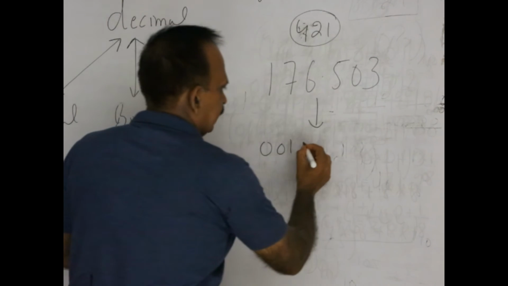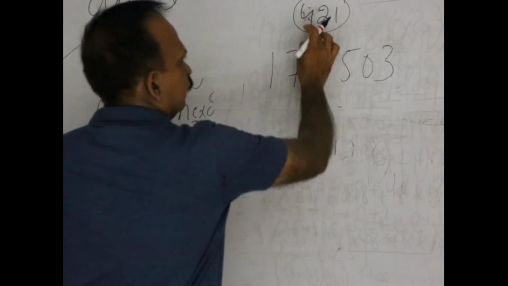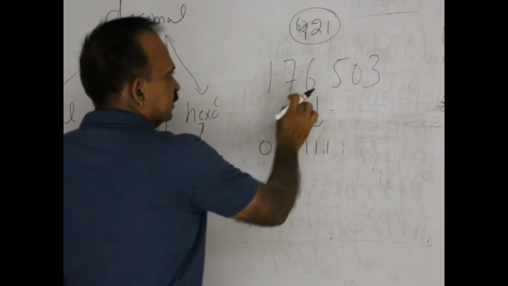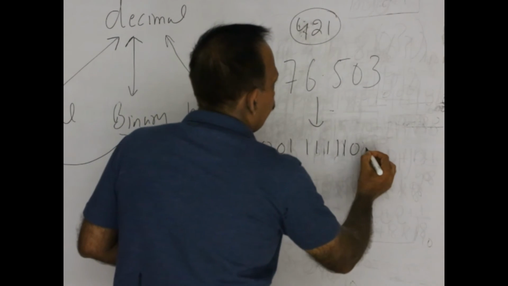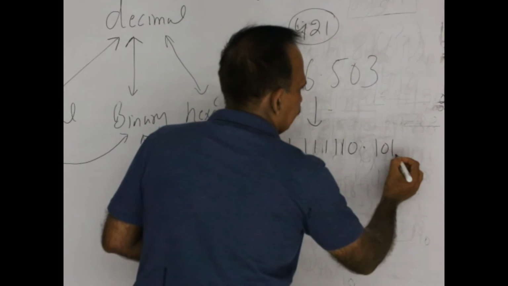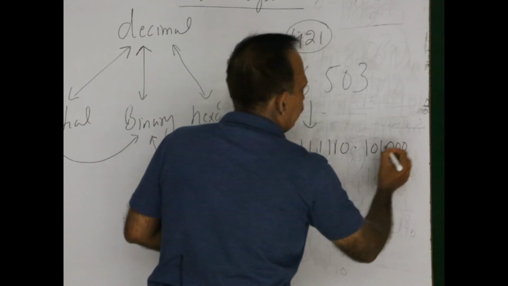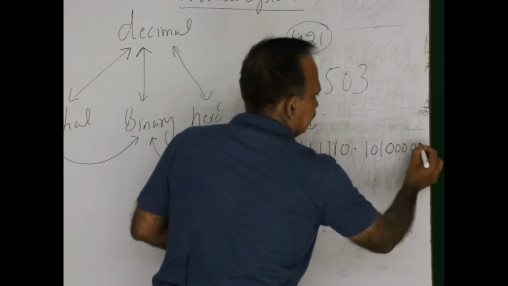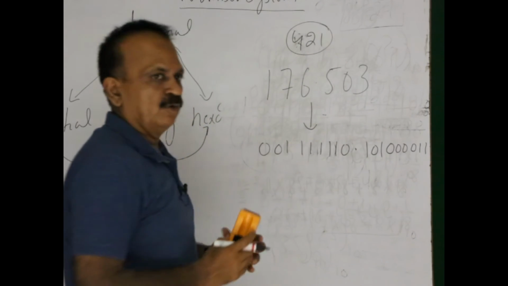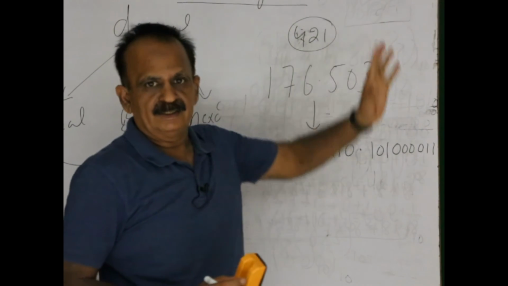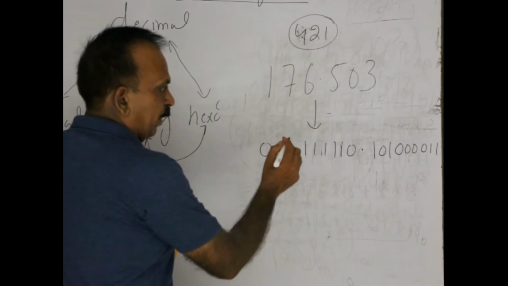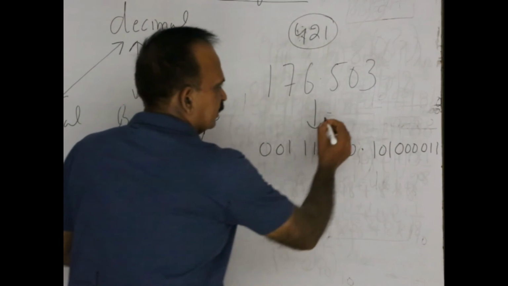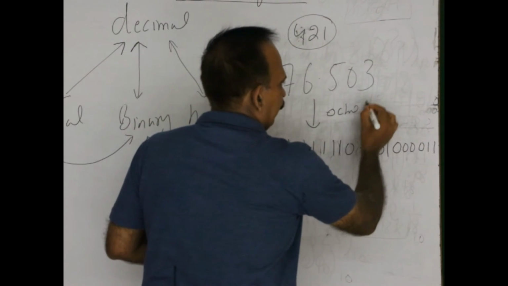For 7, it is 111, 4 plus 2, 6 plus 1, 7. 6 is 4 and 2, 110. 5 is 101. 0 is 3 zeros, and 3 is 011, because 2 plus 1 gives 011. This is the binary equivalent.